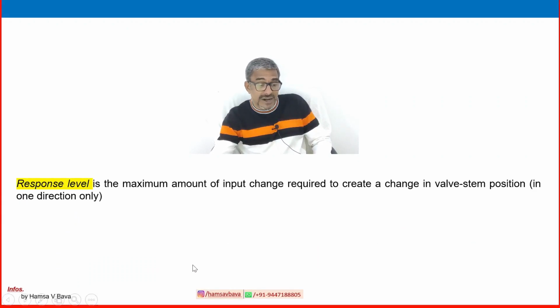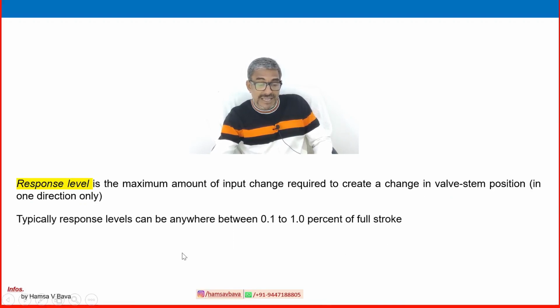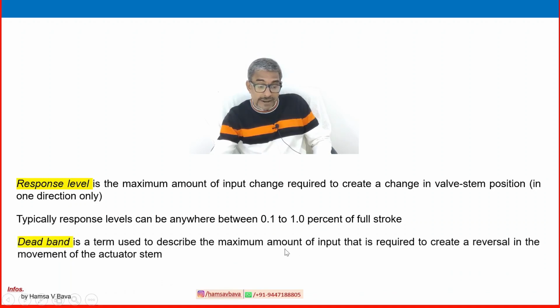Response level is the maximum amount of input change required to create a change in the valve stem position in one direction only. Typically, response levels can be anywhere between 0.1 to 1% of full stroke. Deadband describes the maximum amount of input required to create a reversal in the movement of the actuator stem.